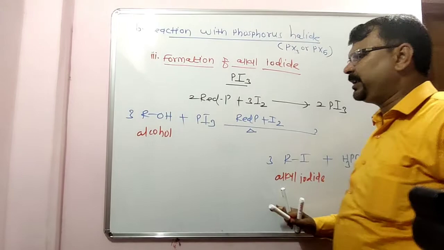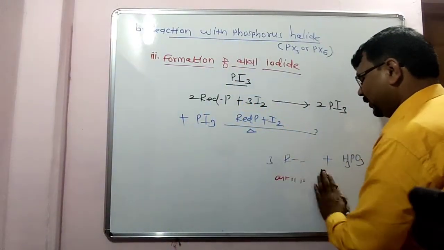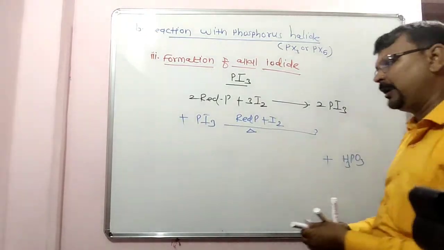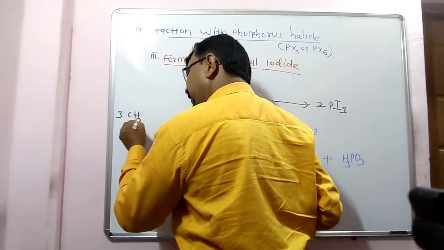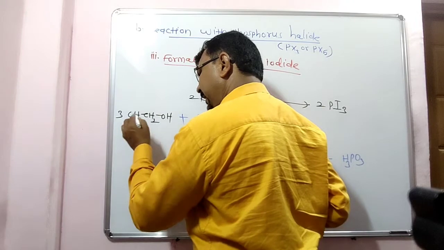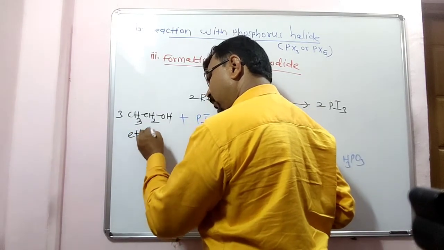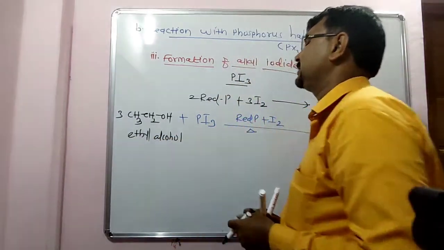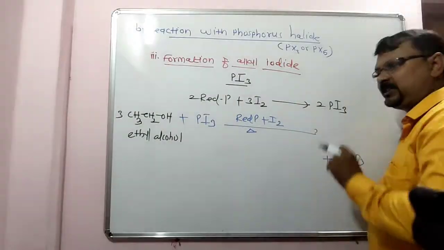Yes. Look here, next question: what is the action of phosphorus triiodide on ethyl alcohol? How many moles? Thrice CH3, CH2, OH. Name of the compound: ethyl alcohol. Correct? Yes. Type is a nucleophilic substitution reaction.